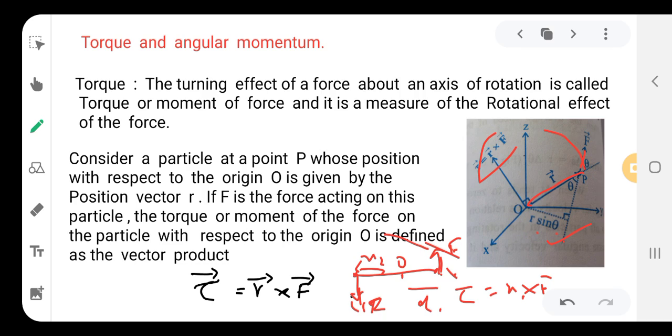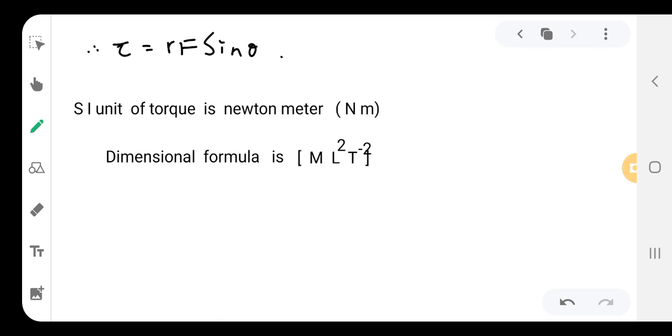So torque is given by the product of the position vector and the force applied on that rigid body. It has a rotating effect, and it is also known as the moment of the force. It is given by tau equal to rF sin theta. Its SI unit is Newton meter, and its dimensional formula is ML squared T raised to minus 2.